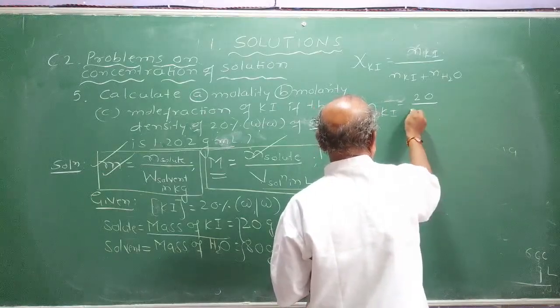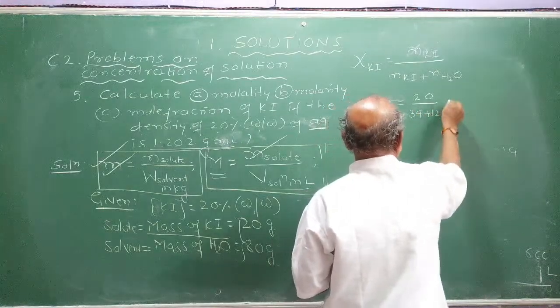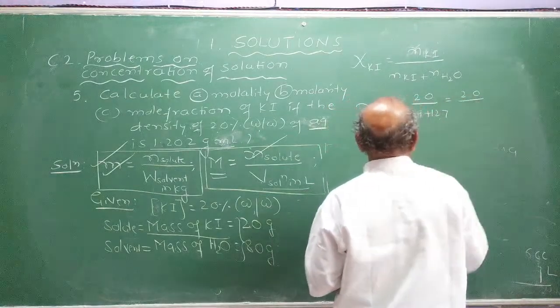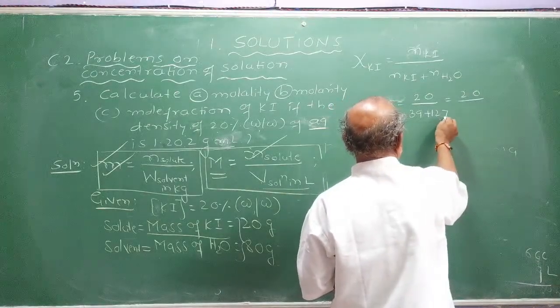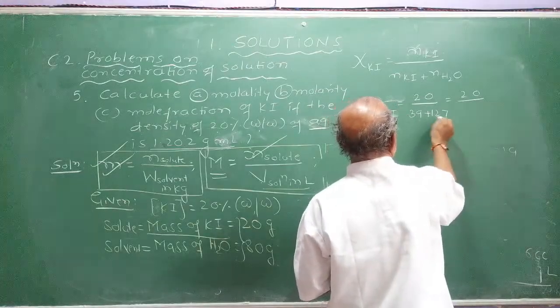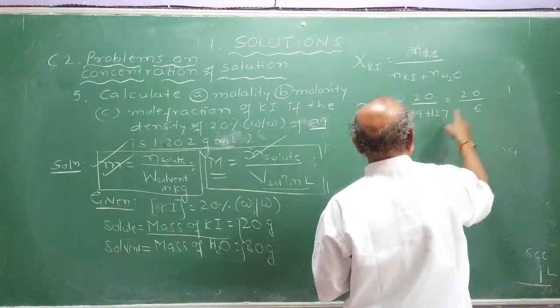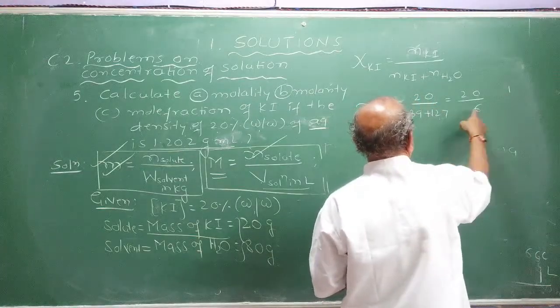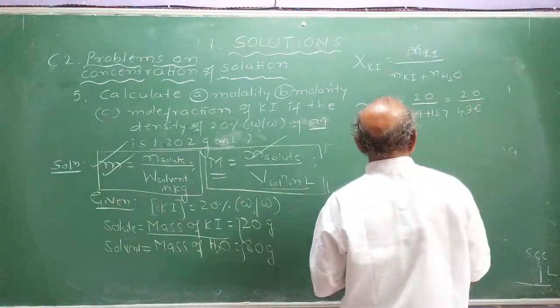Potassium is 39 plus iodine 127. You are getting 20 upon 9 plus 7, 16, carry 1. 2 plus 1 is 3. 3 plus 1 is 4.